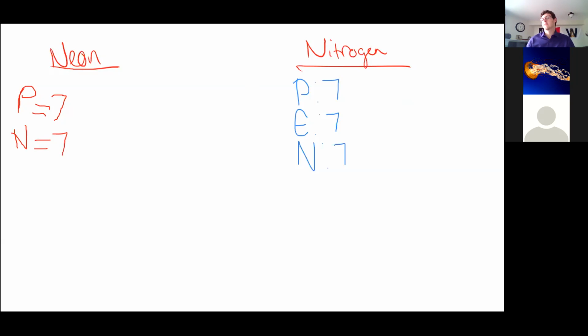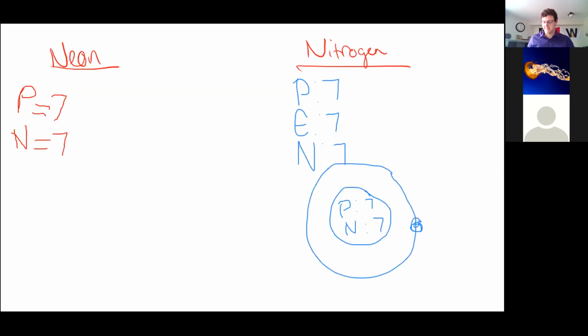Who can draw the Bohr models? We're doing great.